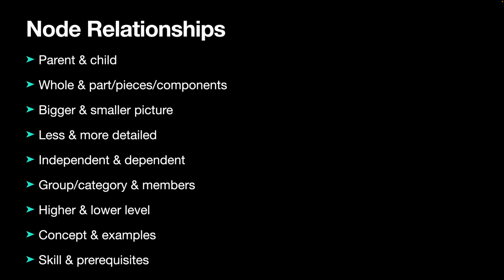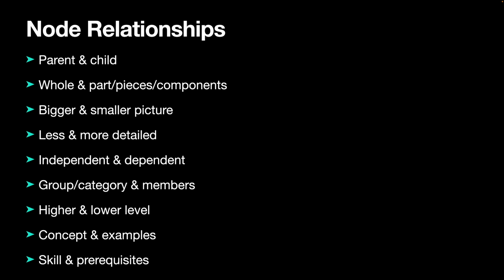It's important to understand what the relationships between nodes mean. So there are a bunch of different ways to think about it. It can represent lots of different things, but they all have some level of similarity. So it can be parent and child. It can be a whole with a part, pieces, or components.